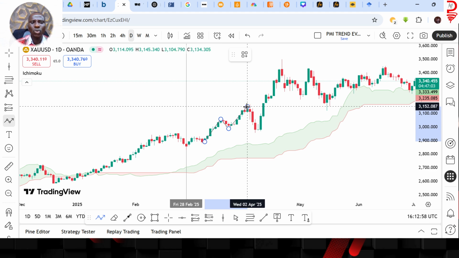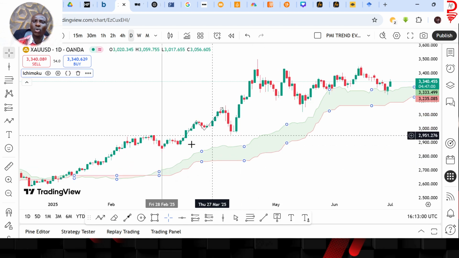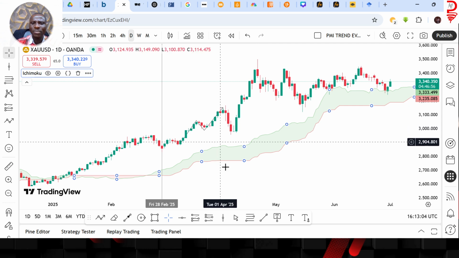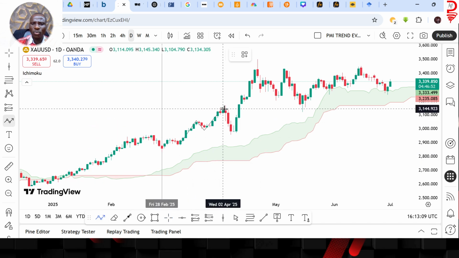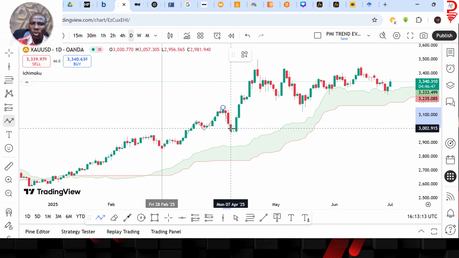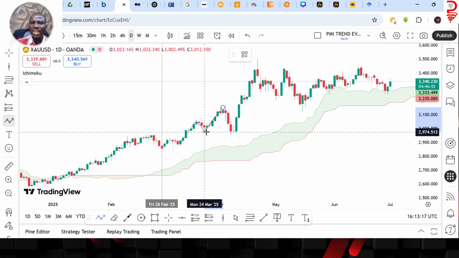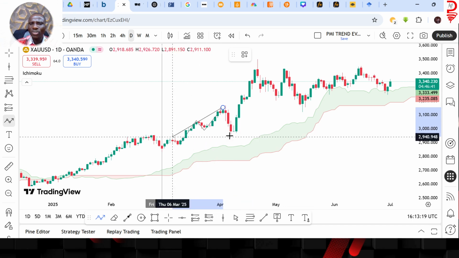So this is how you chart market structure, and you will do it like that. Now in this case, you will notice that there was a shift of character from this place, because this particular corrective wave was able to close below this particular previous low. Are you seeing that now?